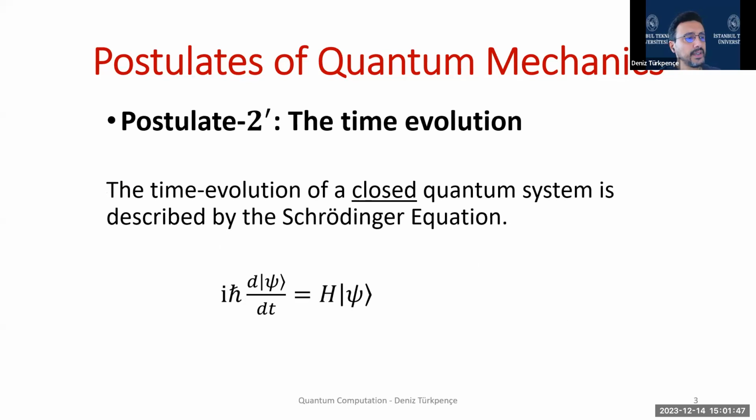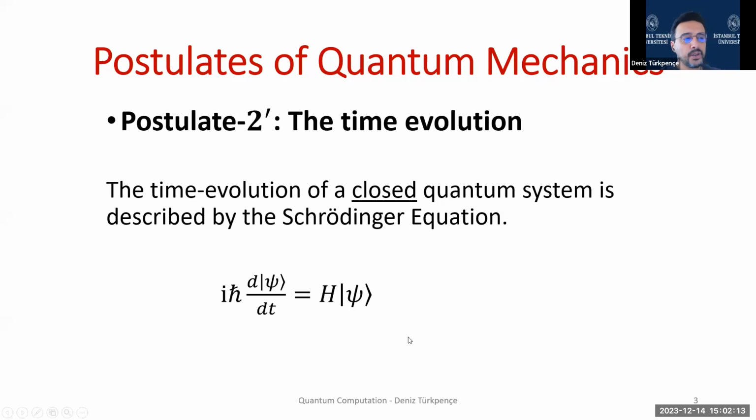And here we see, again, the psi. And here we see an operator H. And we will call this operator the Hamiltonian, which is related with the energy of the quantum system, in fact. But for now, let's assume it as just a Hermitian operator, okay?